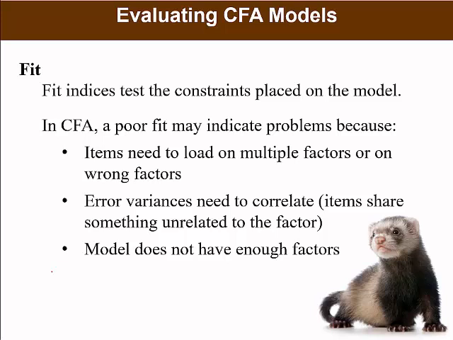So first, let's consider fit. What do we learn when we look at the fit of a model? When we get a fit index and look at the results from a fit index, what exactly does that tell us? So fit is going to give us information on the constraints that we placed on a model.